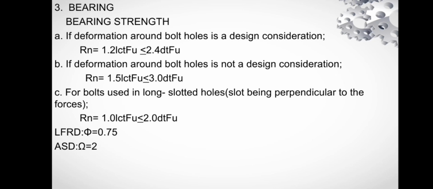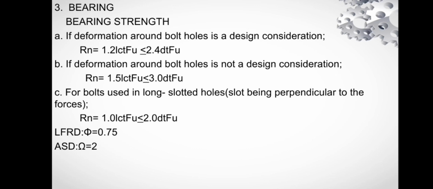Second case, if deformation around bolt holes is not a design consideration, we must use this formula. Rn is equal to 1.5 Lc t Fu, less than or equal to 3.0 d t Fu.